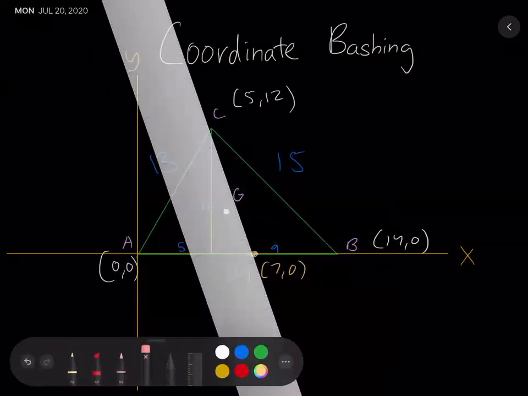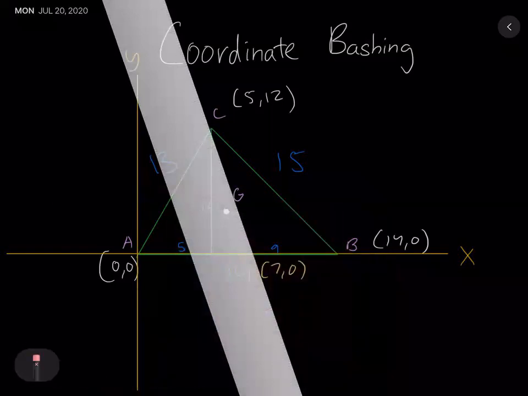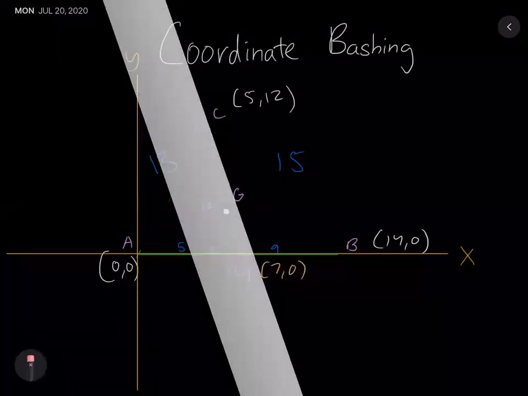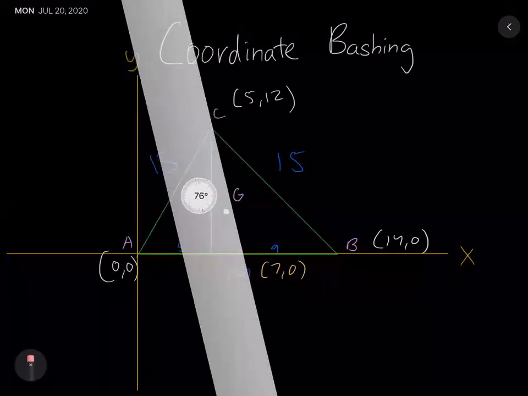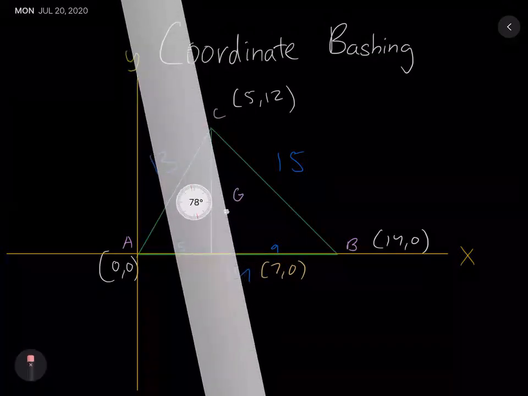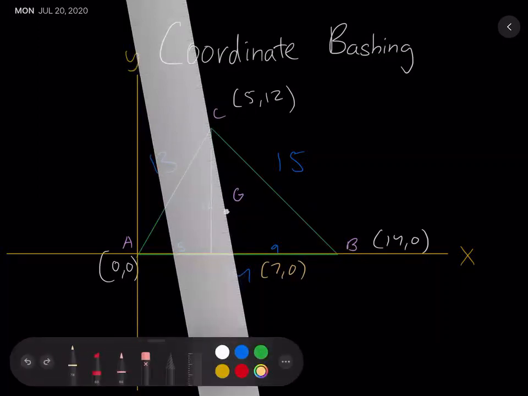Let's make it nice. All right, that scared me. I really thought everything had been undone. This line, no wonder, I'm on an eraser tool.